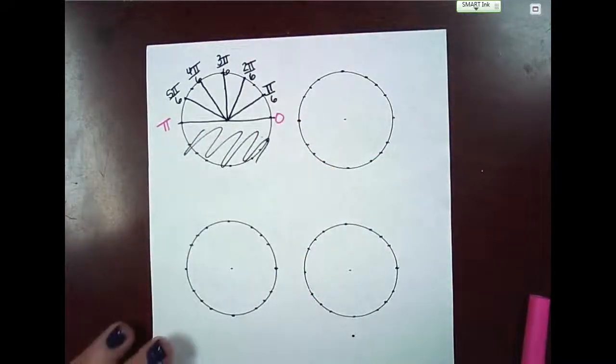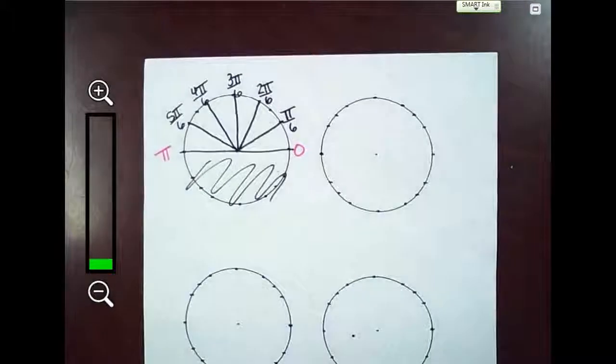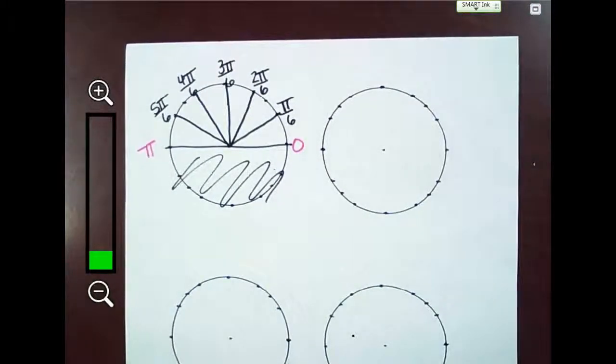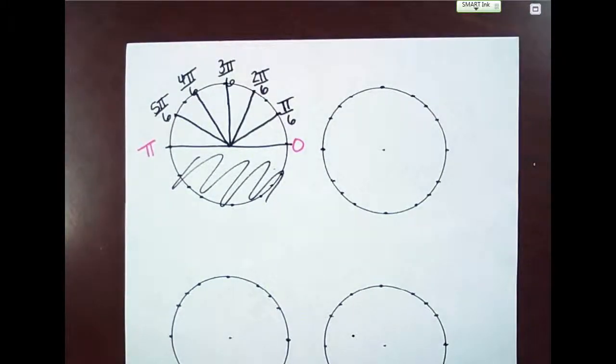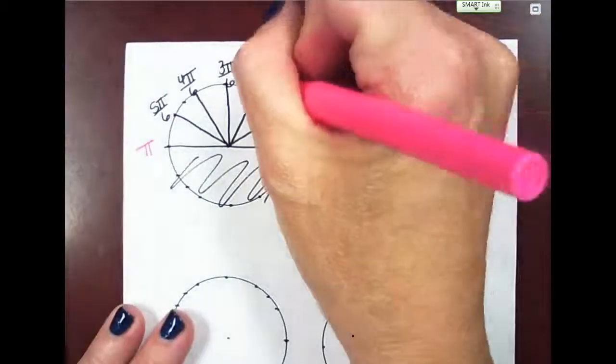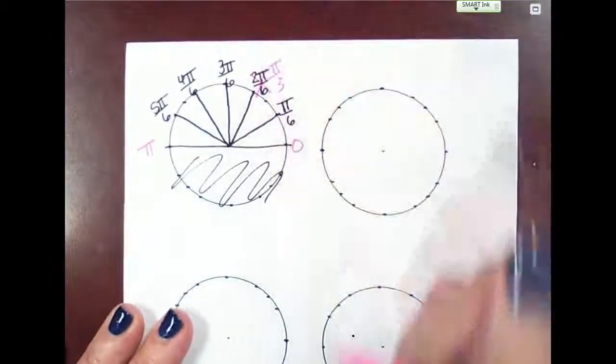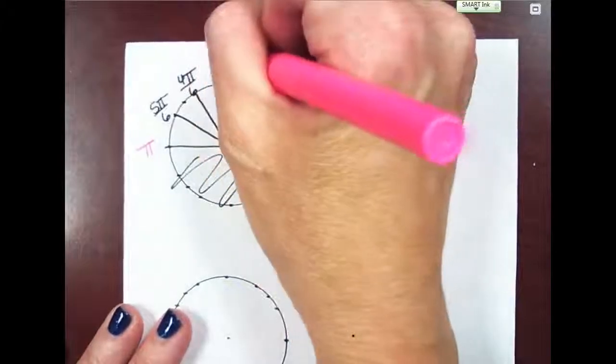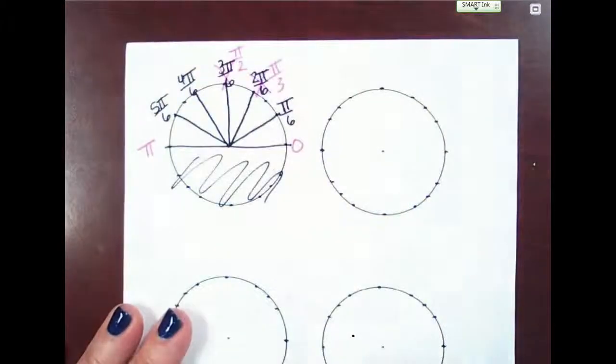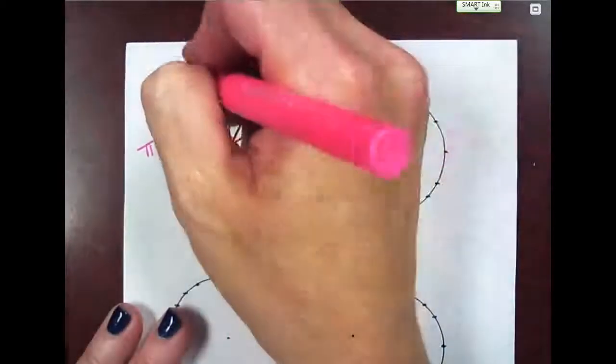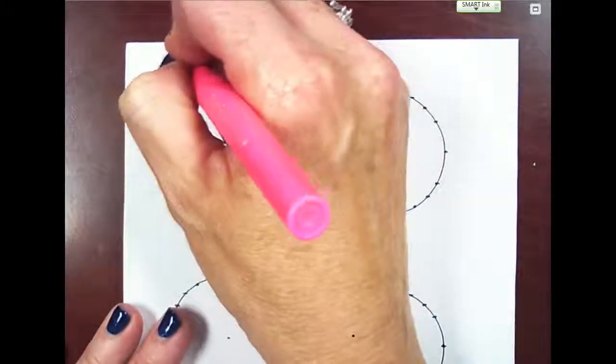Are there any that can be reduced? You're more than welcome now to look through and reduce the ones that need to be reduced. This is the same thing as pi over 3. Same thing as pi over 2, which we already knew. And this reduces, 2 fits into both, so 2 pi out of 3.